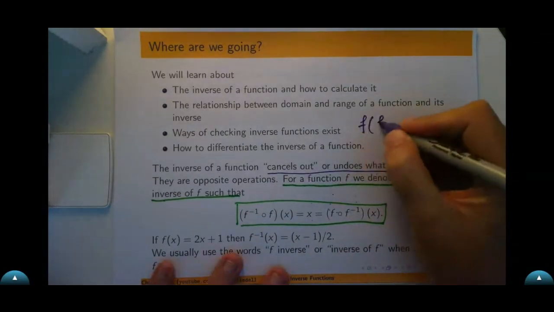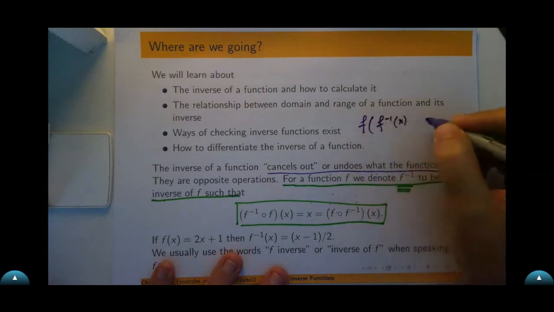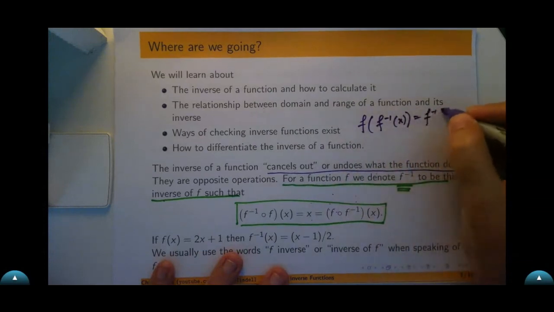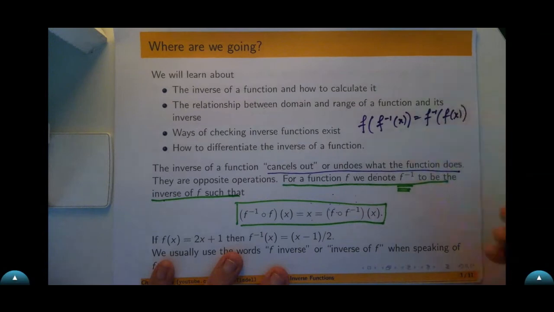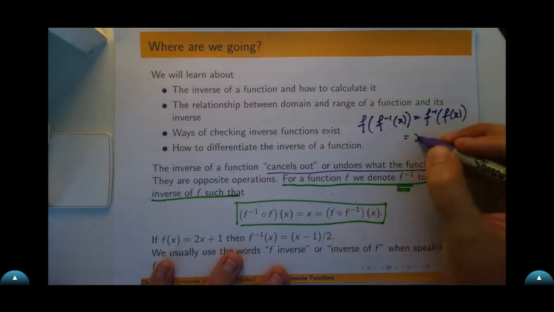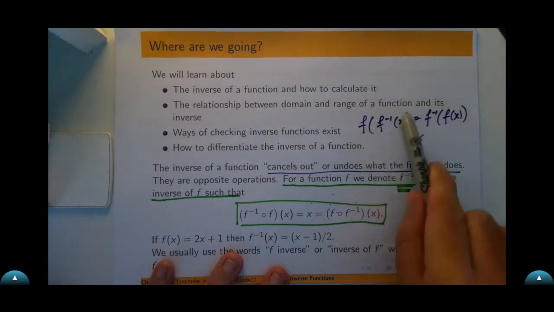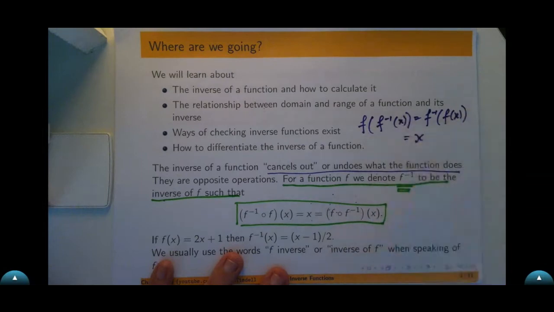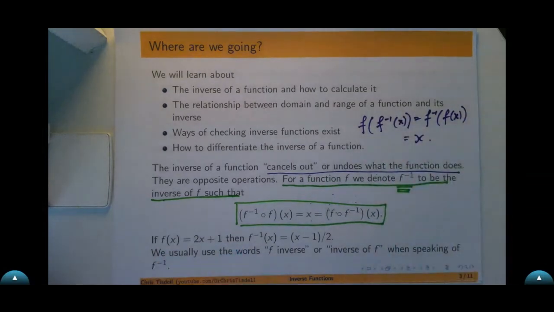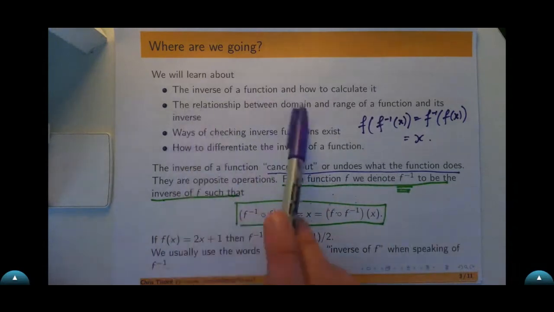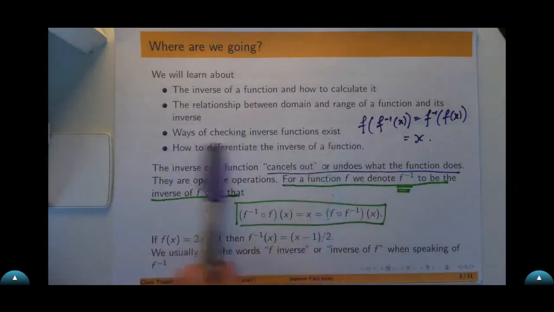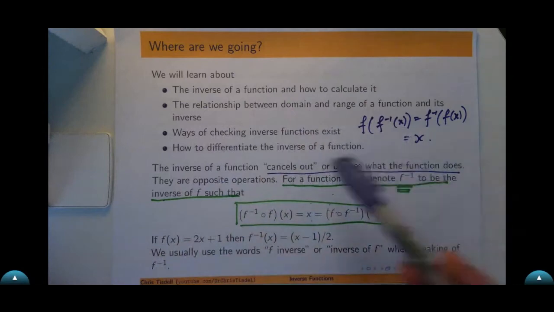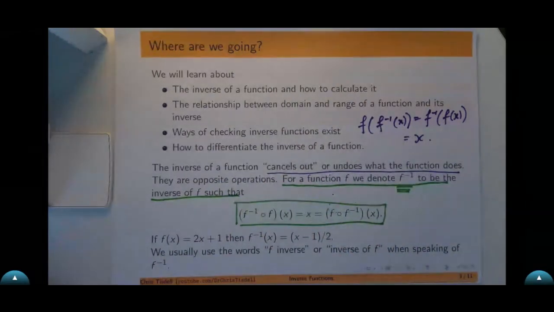So if you have a function f and you combine it with its inverse, then these two parts cancel out and you're just left with x, the input. That's the easiest way of understanding it. And so we're going to look at how to calculate the inverse of a function and the domain and range, ways of showing that you actually do have an inverse, and then a little bit of calculus.